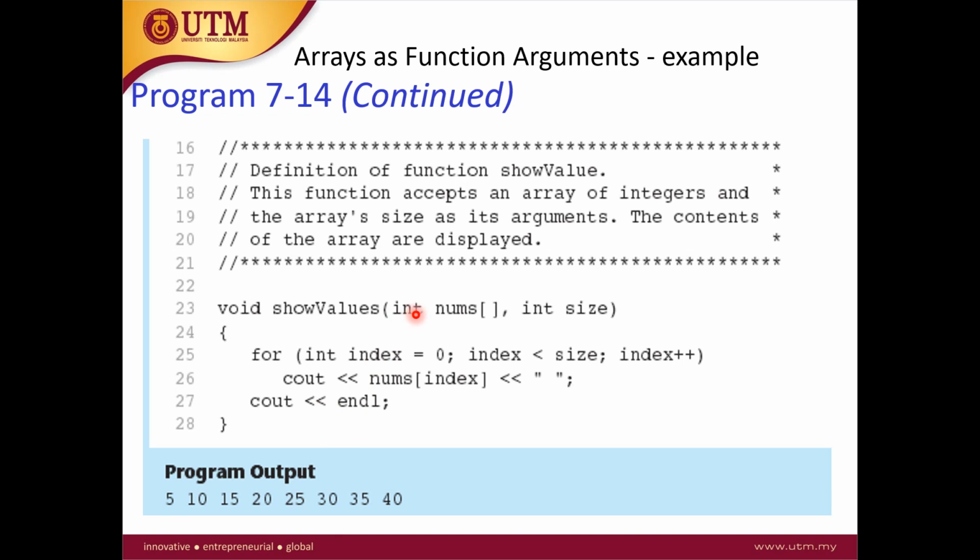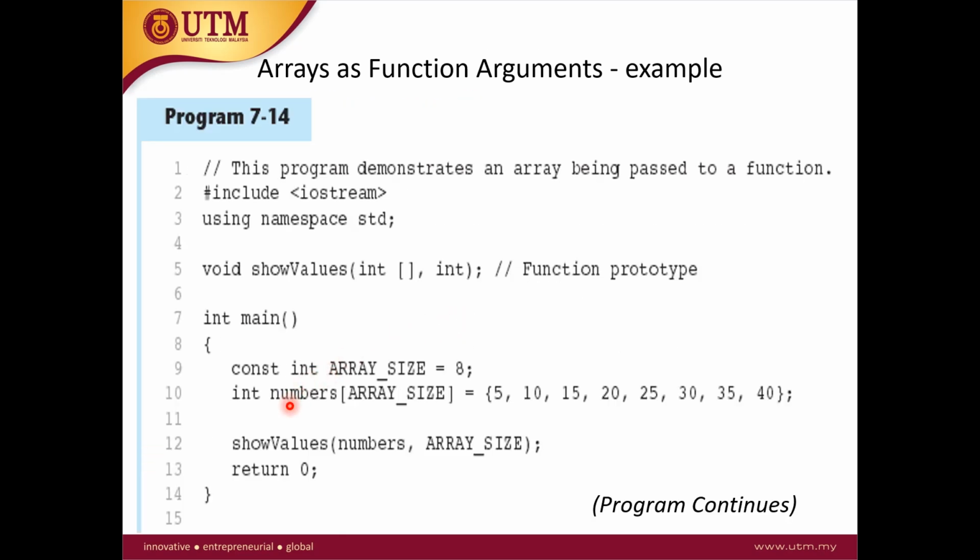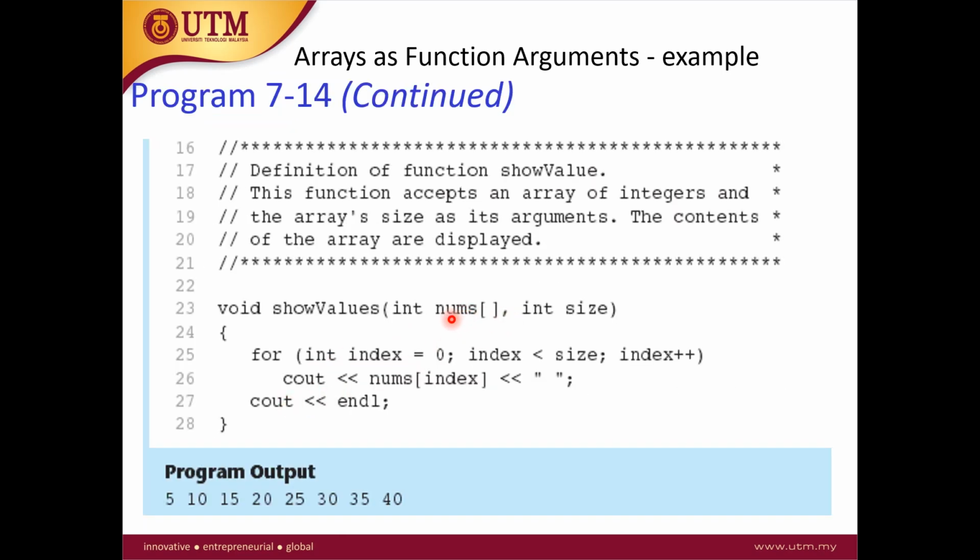So in the function header, we need to write down the parameter name or the array name. We know that we can give different names in the function header. While the name of the array is numbers, but we are mentioning nums here, so it's alright if you have written a different name here. And we need to pass the size as well.